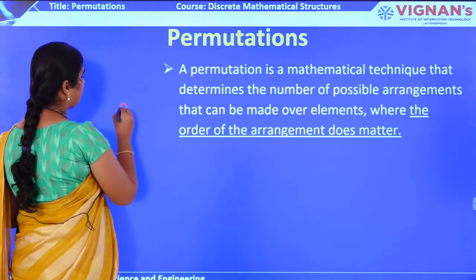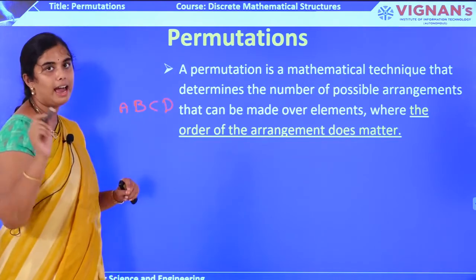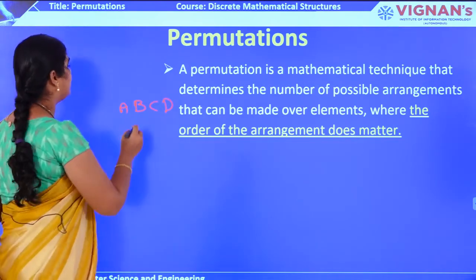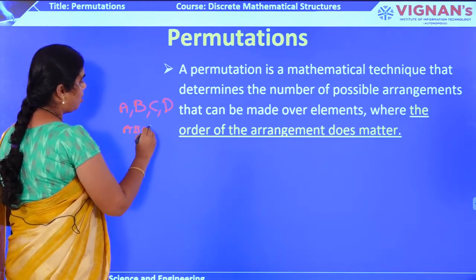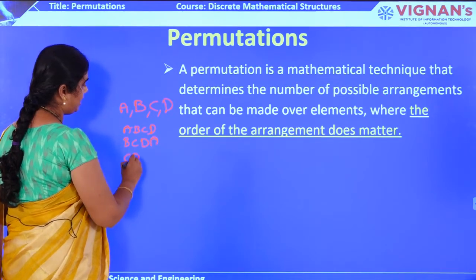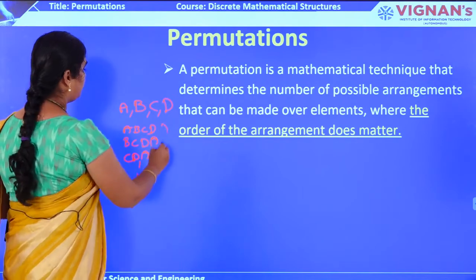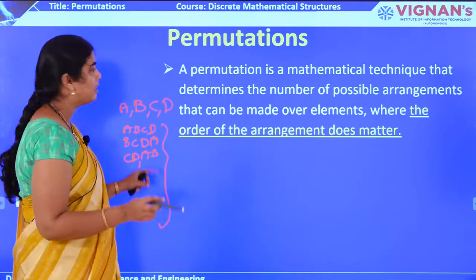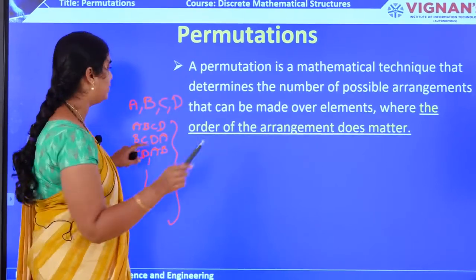Suppose I am given 4 letters A, B, C, D, and I am asked to arrange these letters. I can arrange them as A, B, C, D, or B, C, D, A, or C, D, A, B, and many more. These 4 letters can be arranged in many more ways. Unlike sets, the order over here does matter.